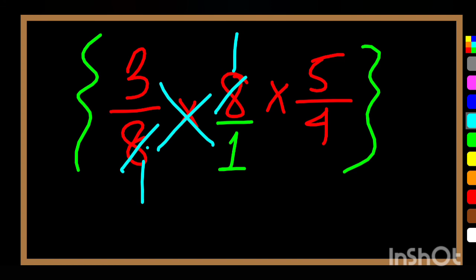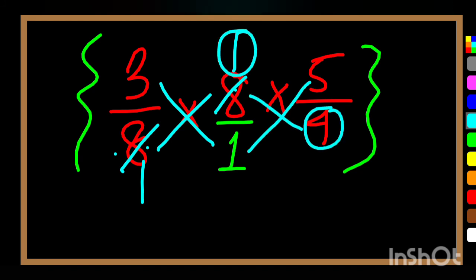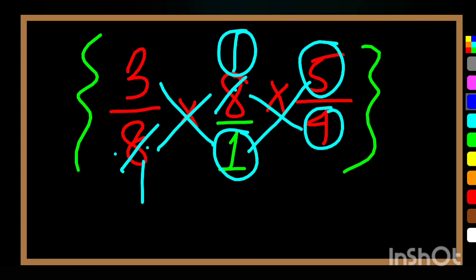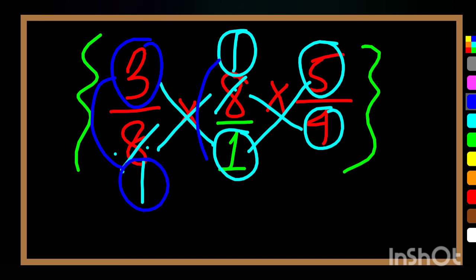So we have reduced these two numbers 8 and 8 by 8 itself, so it is 1. Then we will check these numbers: 1 and 4, 1 and 5, which cannot be reduced. Next, 3 and 1 cannot be reduced. Here in this fraction 1 and 1 cannot be reduced. 5 and 4 also cannot be reduced.